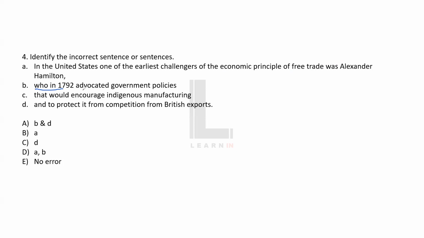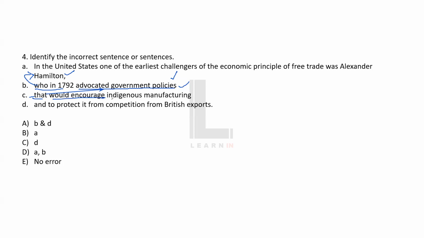Who in 1792, I'm not taking punctuation here, right? Remember, they would not give you the punctuation. So be free of punctuations. Who in 1972 advocated. Now, who talks about Hamilton? In 1972, advocated government policies. That is also correct. That talks about the government policies, right? Fine.